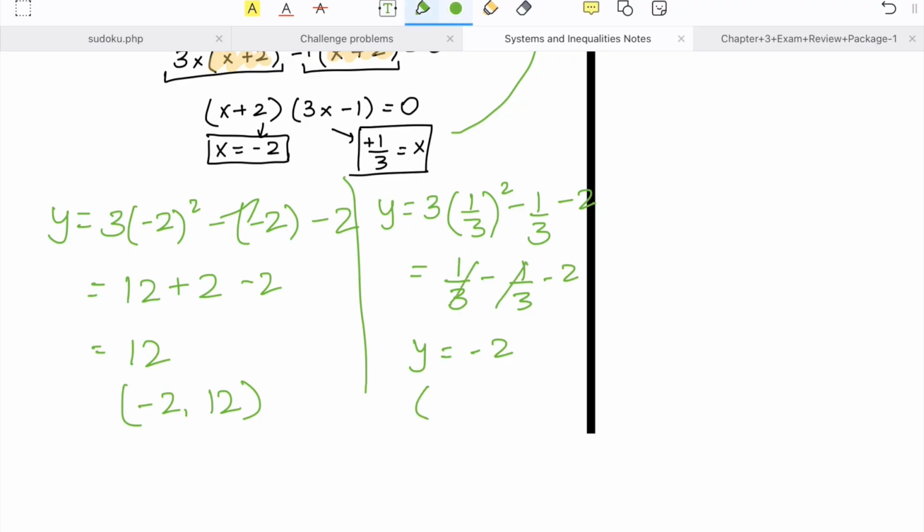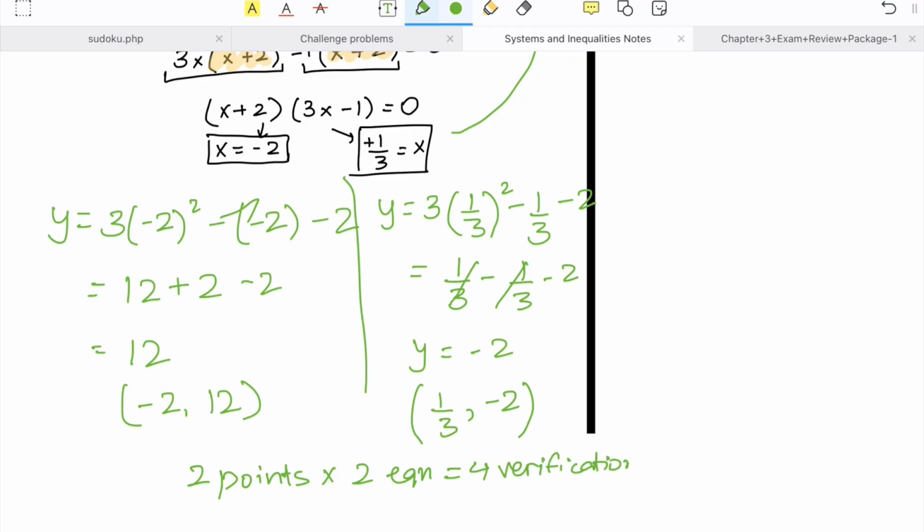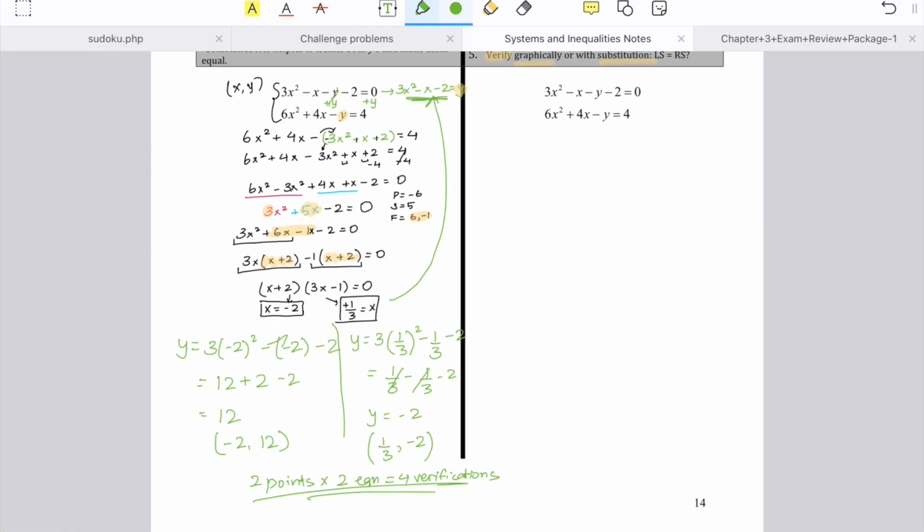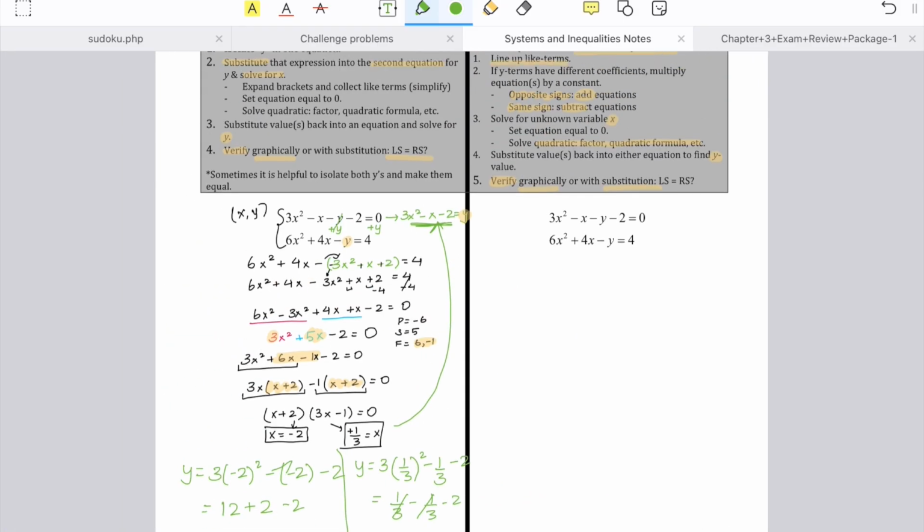So my point will be 1/3 comma negative 2. Okay. How many verifications will I have to do for these two? 4. Good, because I have 2 points, right? 2 intersection points times 2 equations, so 4 verifications. Awesome. Any questions about substitution?